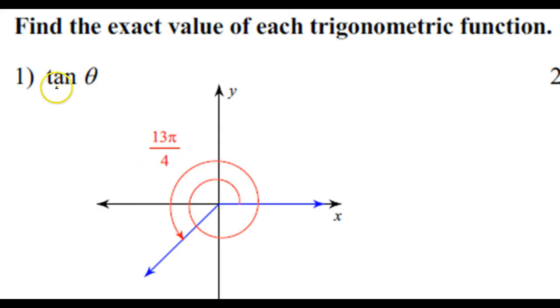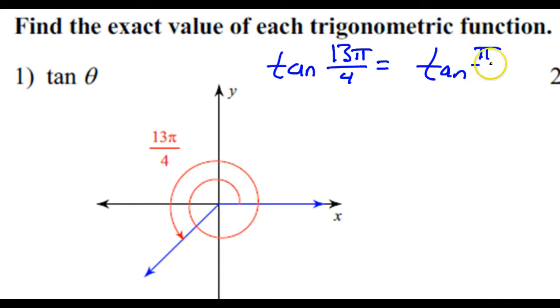So for number 1, it says tangent theta. They're showing us theta right there, so we are finding the tangent of 13 pi over 4. Well, the tangent of 13 pi over 4 is going to be the same thing as the tangent of pi over 4, which is the reference angle that's right here, except it might be positive, but it might be negative.